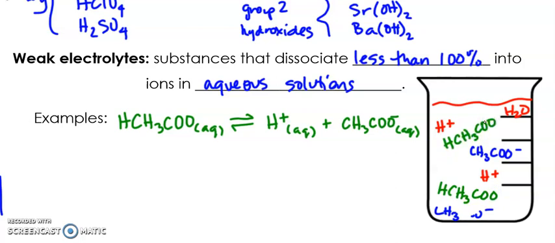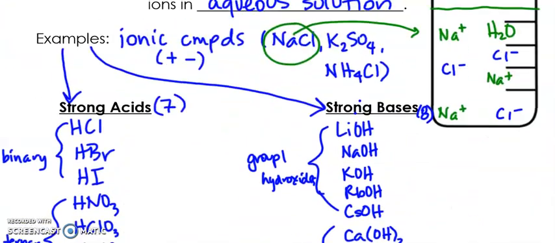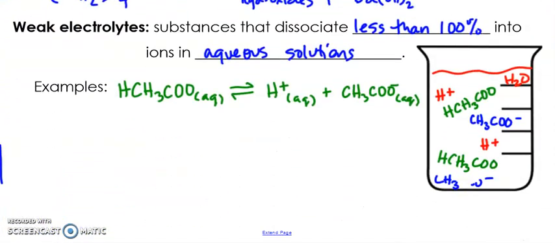So the difference is you're not going to have as many ions in a weak electrolyte as you would in a strong electrolyte, where everything becomes an ion. So you're not going to get as much electricity that is conducted through this. So I think that's it. Strong and weak electrolytes.